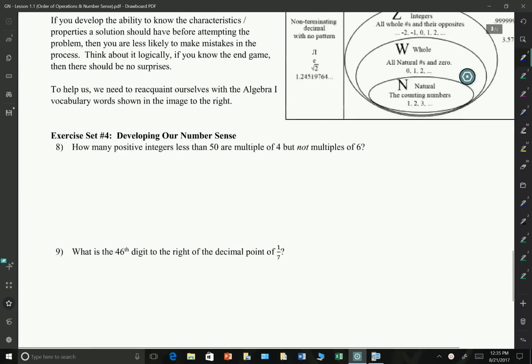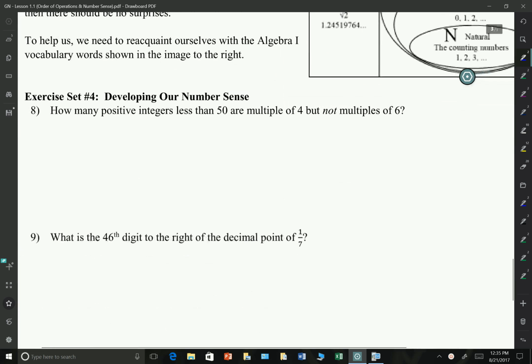So we look at the first question. How many positive integers less than 50 are multiples of 4, but not multiples of 6? These are the type of questions on the ACT, and most people in Algebra 2 plan on taking it, probably either the fall or the spring. Anybody plan on taking it soon? You have 60 problems to do in 60 minutes for the ACT.